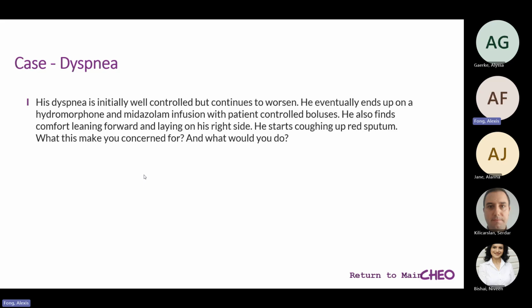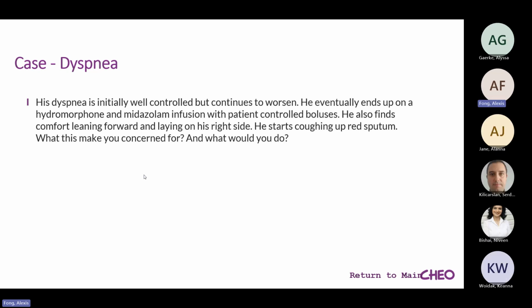Oftentimes our patients will find a position that's most comfortable to them. For example, if all of the mets were primarily in the left side of his lung, he might find more comfort lying on his side with the right side, or the aerated portion of lung, up high. He starts coughing up red sputum.